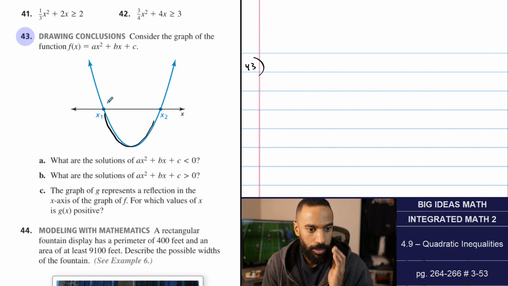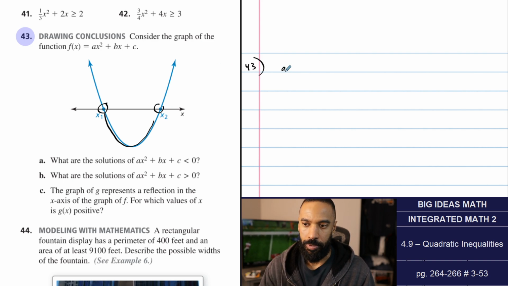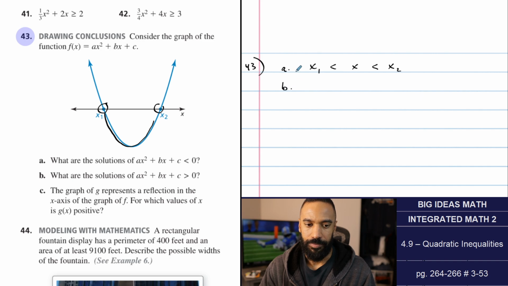We cannot include the x-intercepts here. So in between x1 and x2 for part A. All right, x sub 1 is less than x, which is less than x sub 2. Those are the ones, that's the betweenness. I won't do the box. That's the betweenness of that.